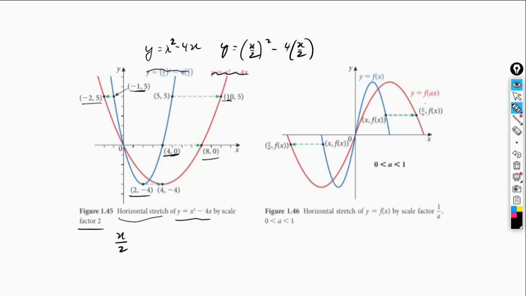And 2, negative 4 would become 4, negative 4. So in general, if we want a horizontal stretch, we would have to multiply x by an a value between 0 and 1, and the function f of x becomes f of a times x.